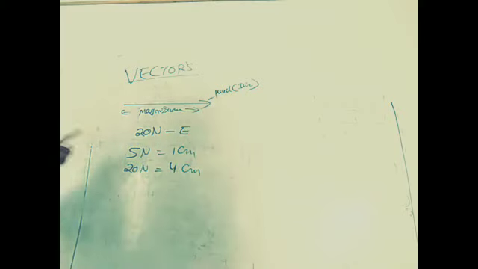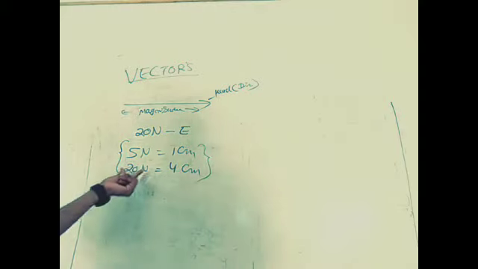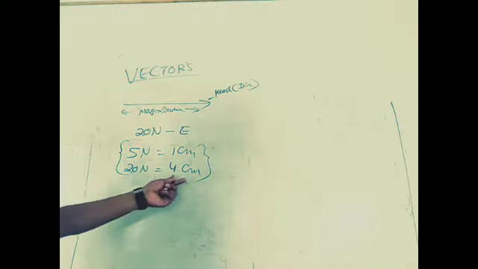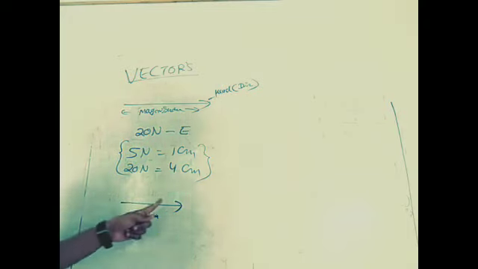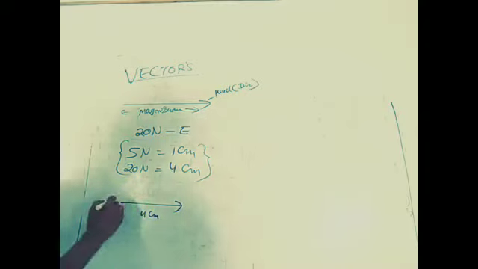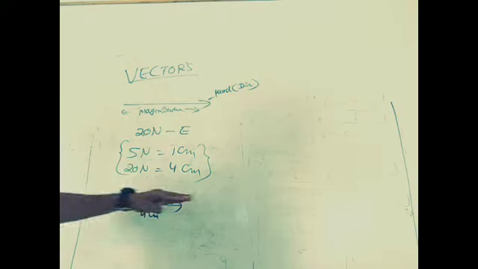Then from the given consideration, 20 Newton will be equal to a line of 4 centimeter. Draw a line of 4 centimeter, and in which direction? In east direction. This line is representing a force of 20 Newton in east direction.